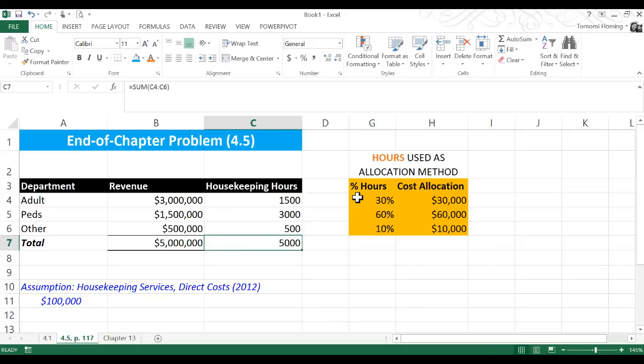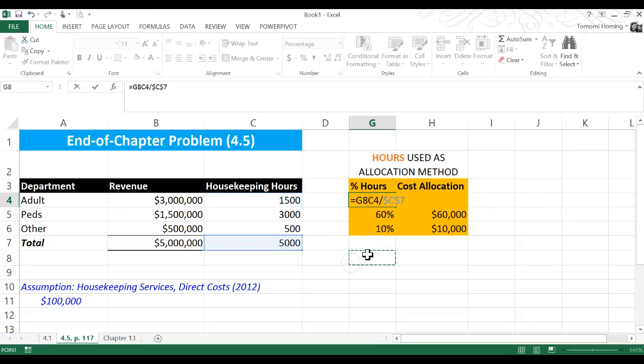So the same process, we're going to calculate a percent, a common size analysis. So we're going to take the C4, which is the adult utilization of housekeeping hours, which is 1,500, divided by the total housekeeping hours for the entire organization. Copy and paste that all the way down, and you'll see now the percentages are 30% for adults, 60% for peds, and 10% for other.